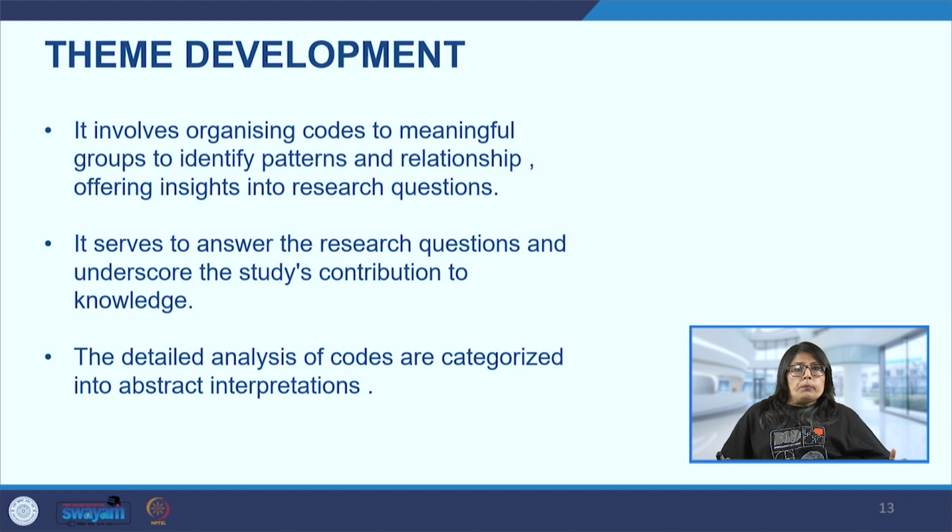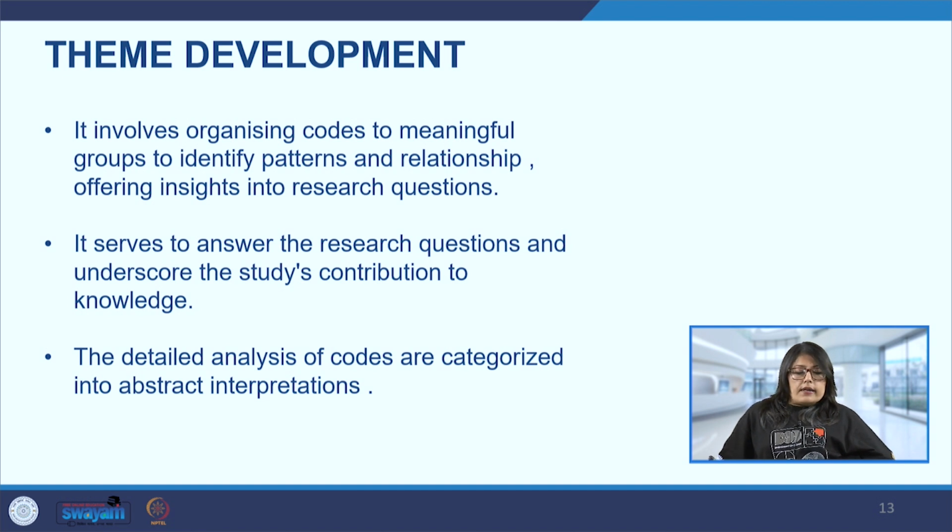So now we will be categorizing or organizing these codes into groups, and we will see what kind of patterns and relationships arise. That will help us see this data in terms of these relationships and patterns, which helps to answer the research questions and underscore the study's contribution to knowledge.